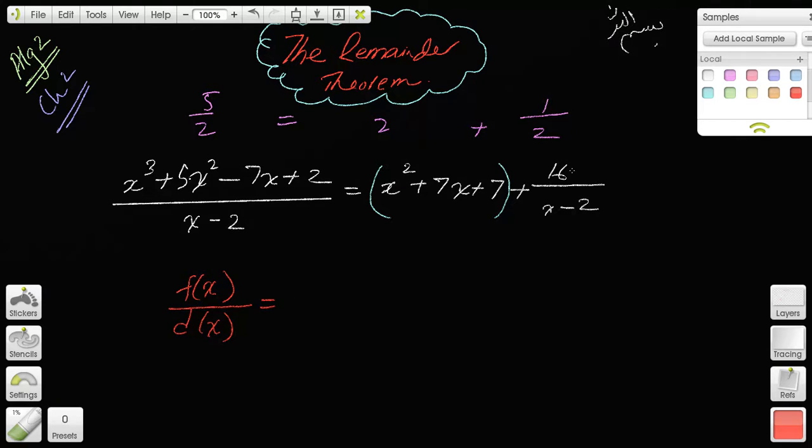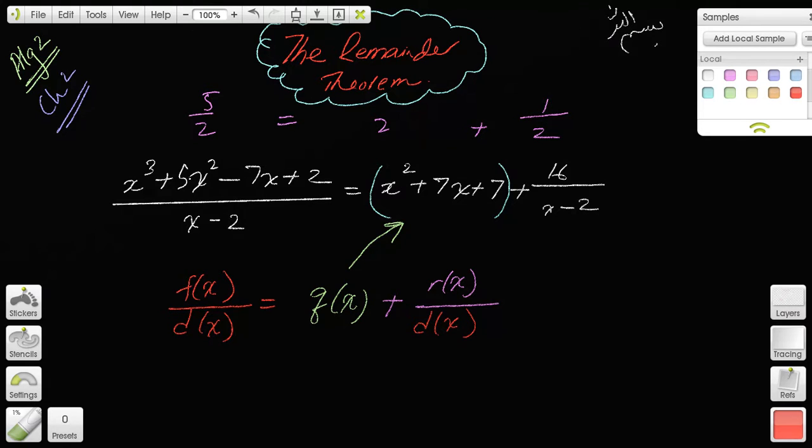When a function is being divided by a certain divisor, the resultant is the quotient, that's q of x, plus the remainder, which in a polynomial function is going to be a number or another polynomial, r of x, over the original divisor, d of x.